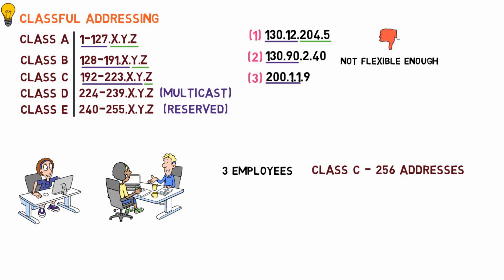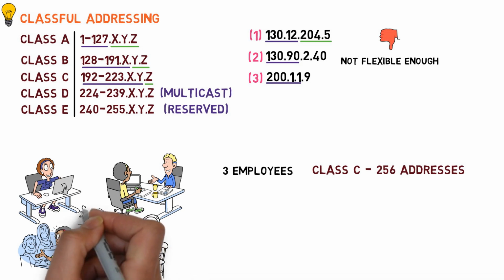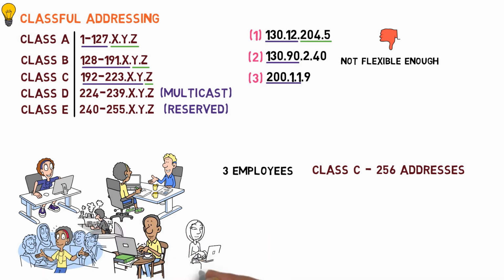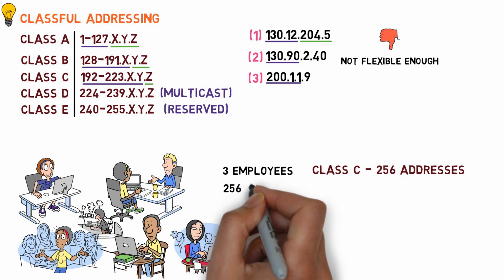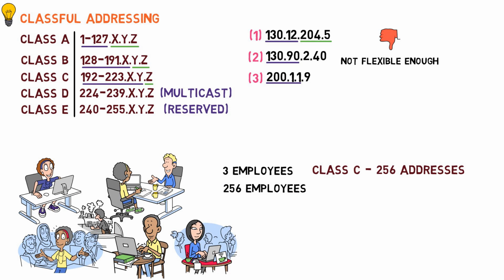Let's assume that my startup company is being successful, of course, and we grow and hire more employees. We get 100 of them, maybe 200. And then one day we have more than 256 employees, meaning we need more than 256 addresses. Taking 256 for simplicity, that's without counting addresses for other devices such as printers, network devices that require IP addresses, and so on.